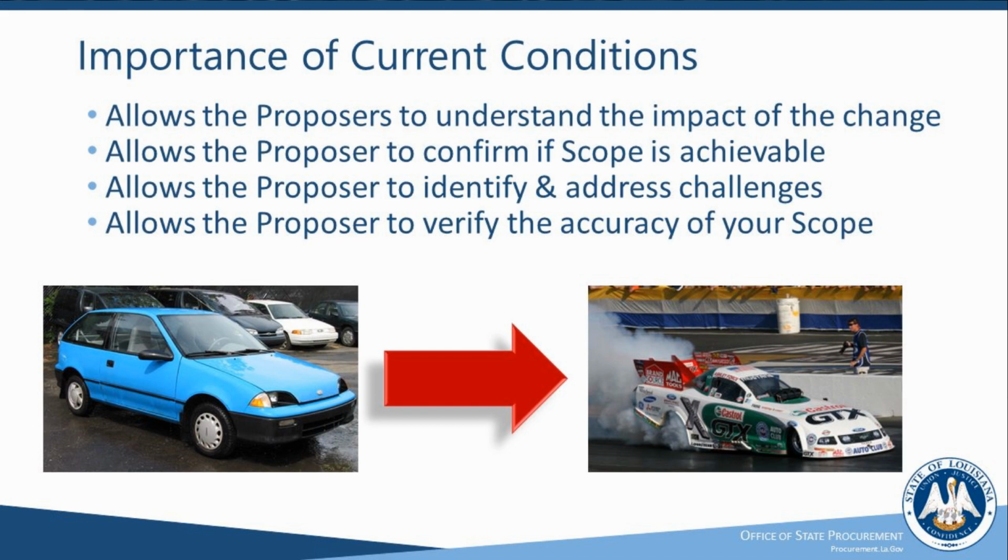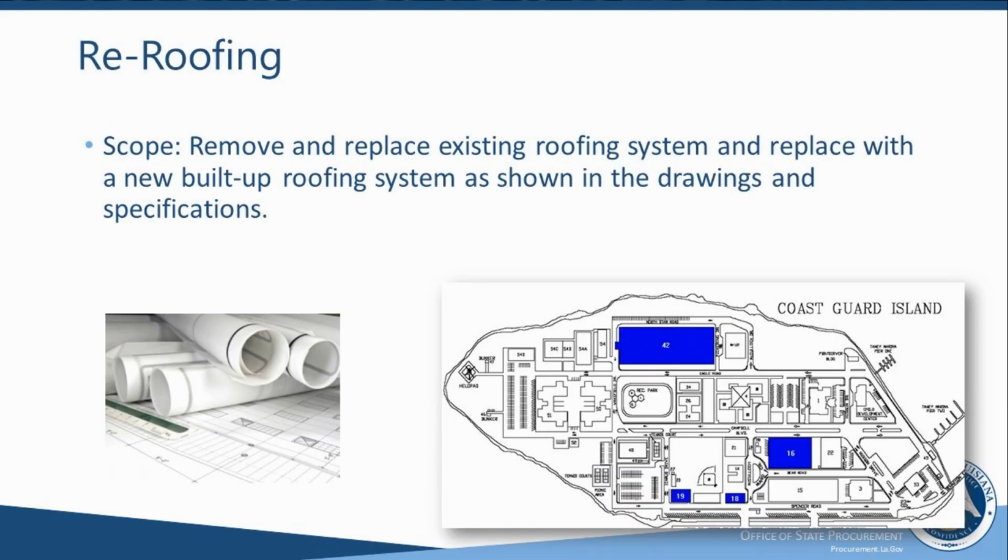So it's critically important. Another example here, even for projects as simple as this re-roofing example. So just rip and replace a roof on several buildings here for the Coast Guard. This example is outside the state, but it's a quick, simple example to show that even here, you might think that roofing a project doesn't need the current conditions.